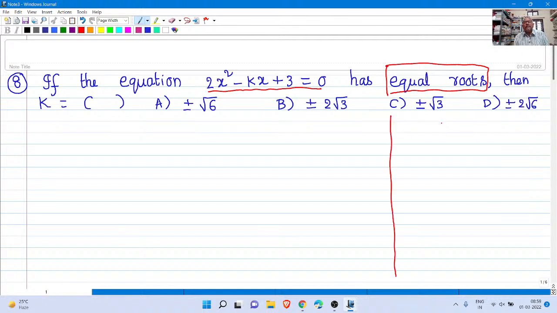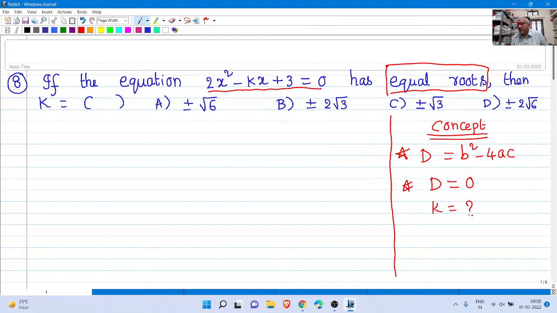First we need to discuss the discriminant D, which is b square minus 4ac. After that, D is equated to 0 for equal roots, then find the k value. This is the strategy.